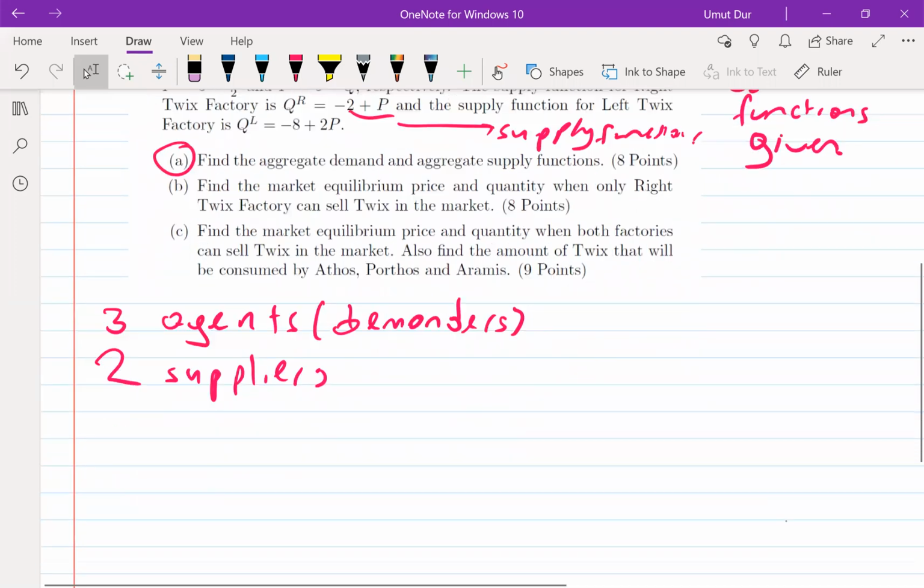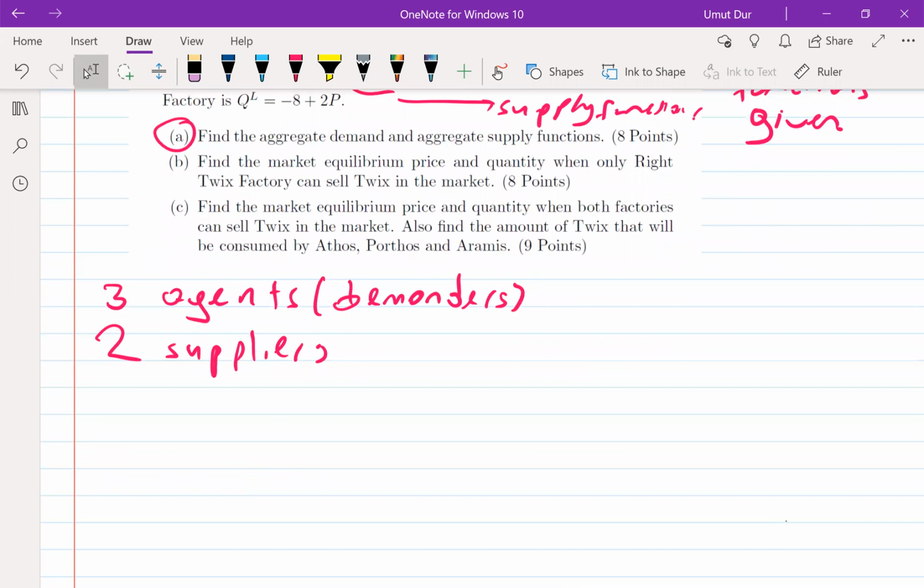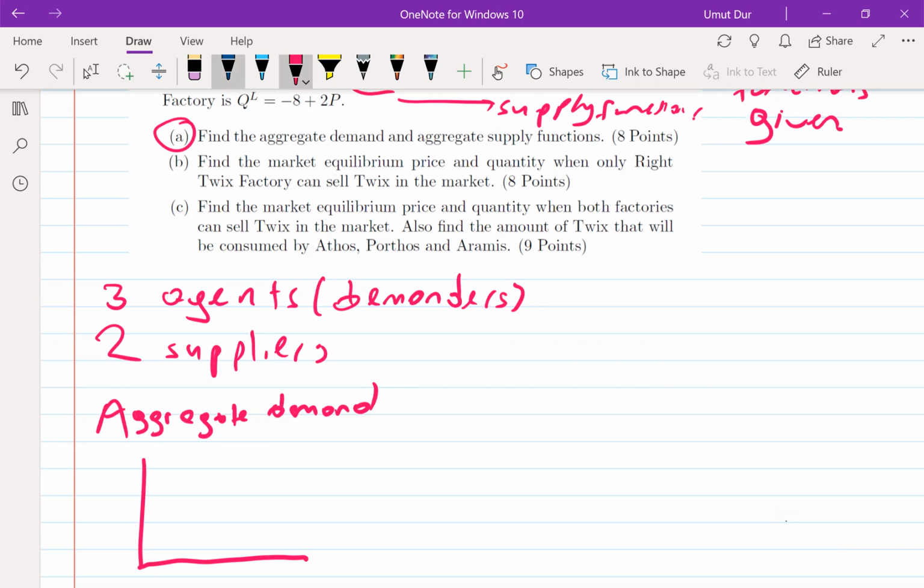Let's say that for the aggregate demand, we have two individuals. The first one's demand function is like this, and the second one's demand function is like this.